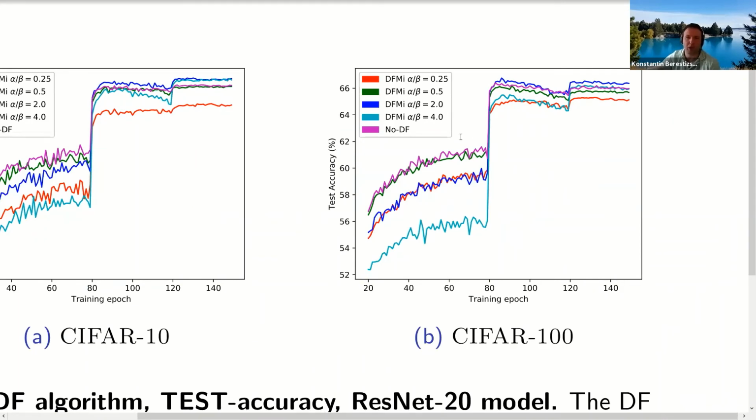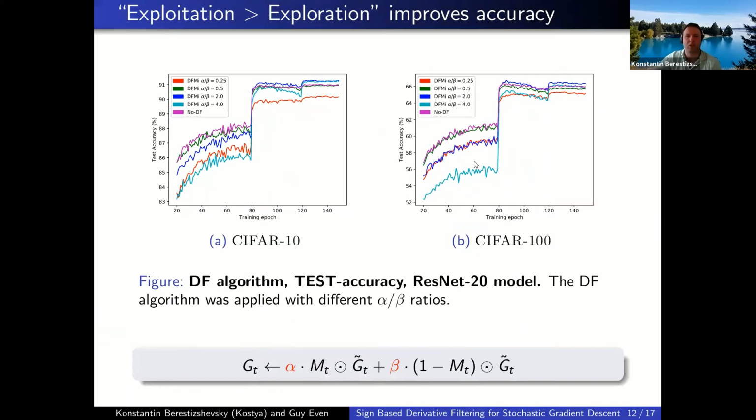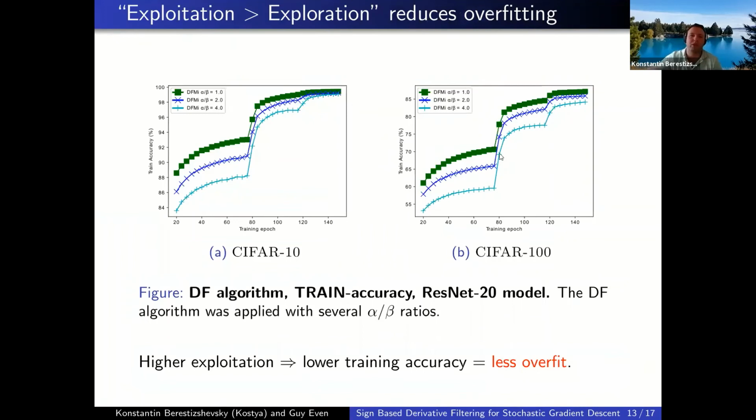So we need to amplify the exploitation to exploration ratio twice, and it actually increases a little bit the final accuracy. But also, on the next slide, I'm showing you the training accuracy, which actually drops. So higher exploitation leads to a higher test accuracy and lower training accuracy, which means that we have less overfitting using this exploitation amplification.